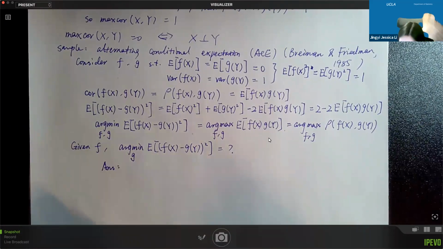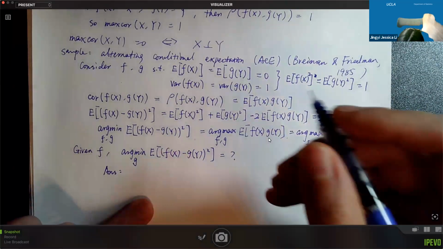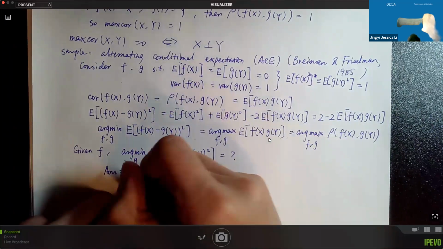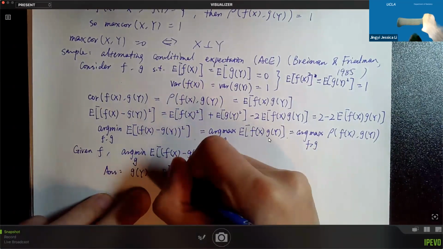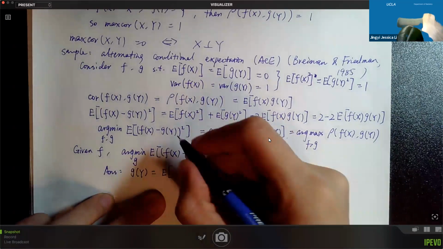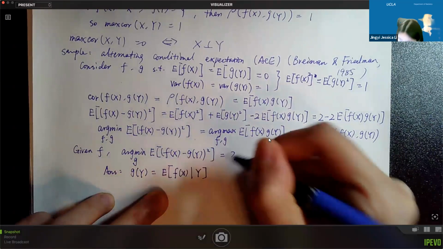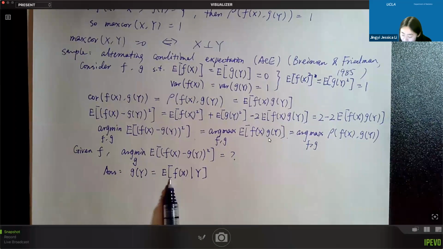I'm going to skip the technical detail for that, but just to give you the answer. We can show that g of y is going to be the expectation of f(x) given y. Okay, that's the answer. And you can see this from the definition of conditional expectation. It makes sense: you want to make your g(y) very, very close to f(x).